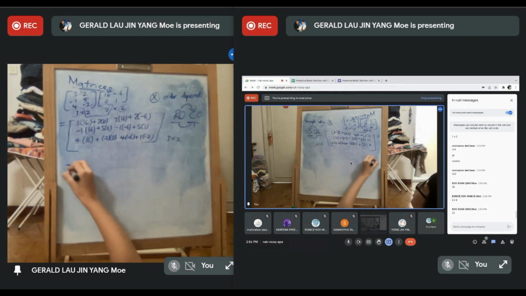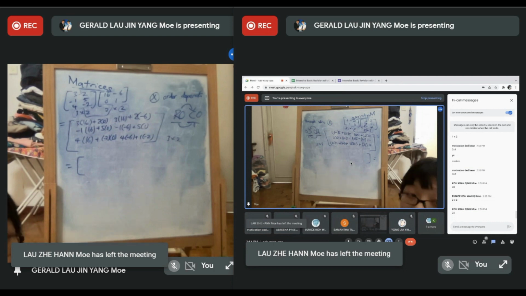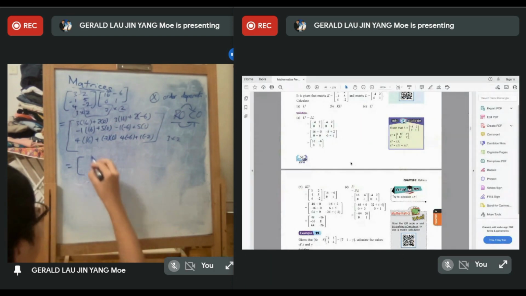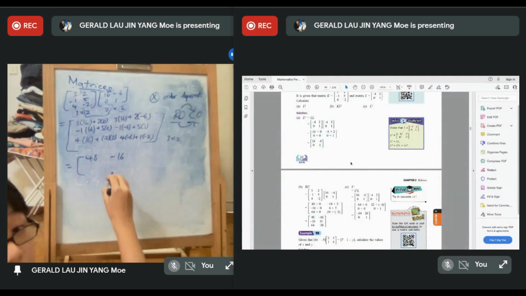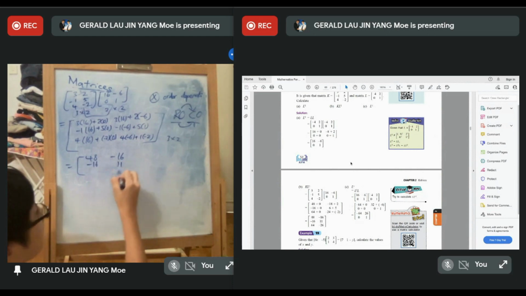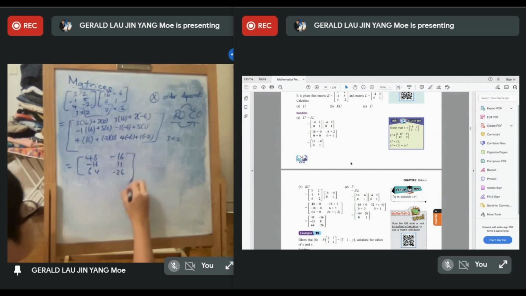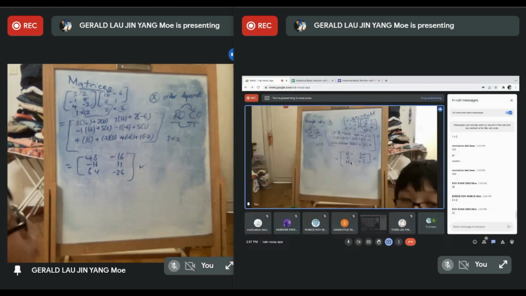Okay, so this is your final answer: 48, negative 16, negative 16, 11, 64, negative 26. Then you check correct or not. Is it 3 rows and 2 columns? Correct. You understand how to do?